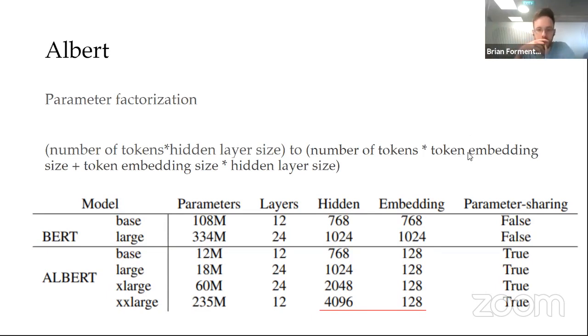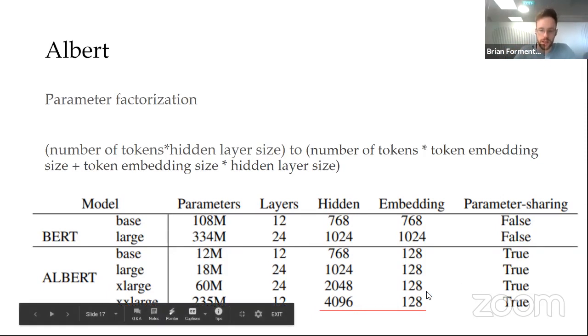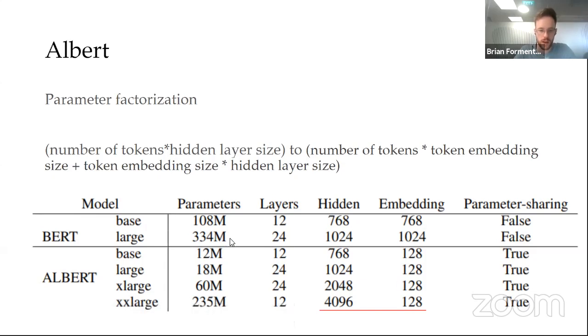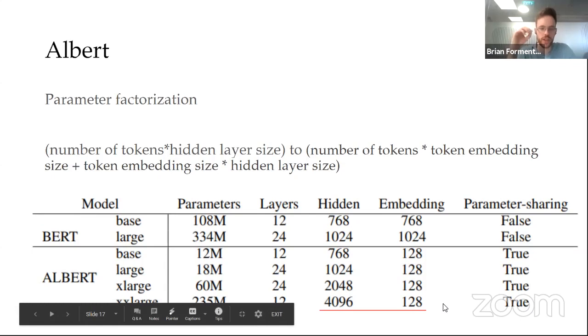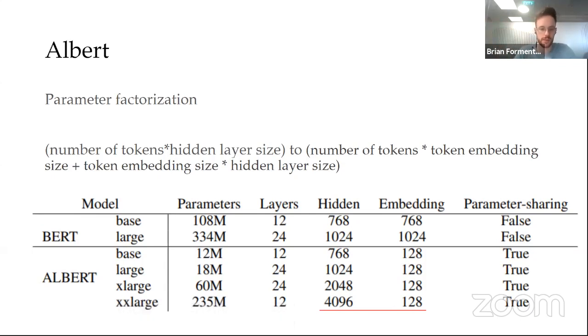That somehow makes the model smaller, but I couldn't quite figure out how it works or whether it actually makes it smaller. So maybe in a discussion we can go through this as well. But overall, with the same amount of parameters, they're able to achieve a lot better performance on all the other classification tasks.